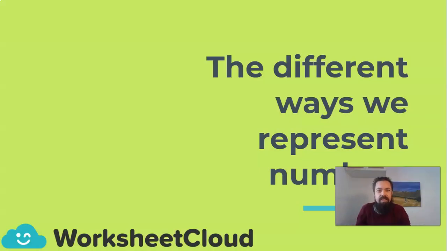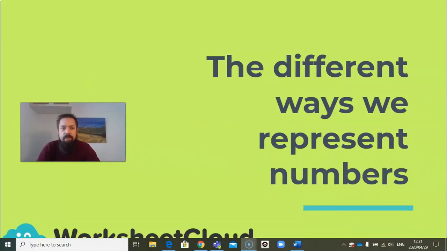On to today's lesson. There are different ways that we represent numbers, and every time I teach this section, there are children who just groan. They're like, oh, numbers in words, numbers in expanded notation.